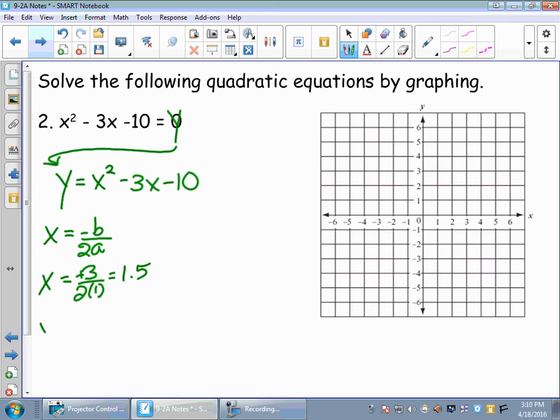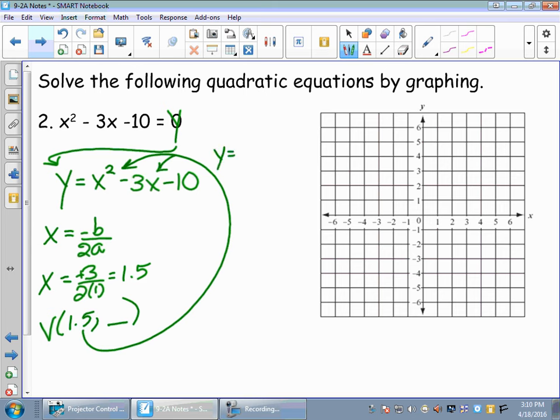So my vertex is 1.5 something. To find the something, I need to plug 1.5 in for x. And so y equals 1.5 squared minus 3 times 1.5 minus 10.